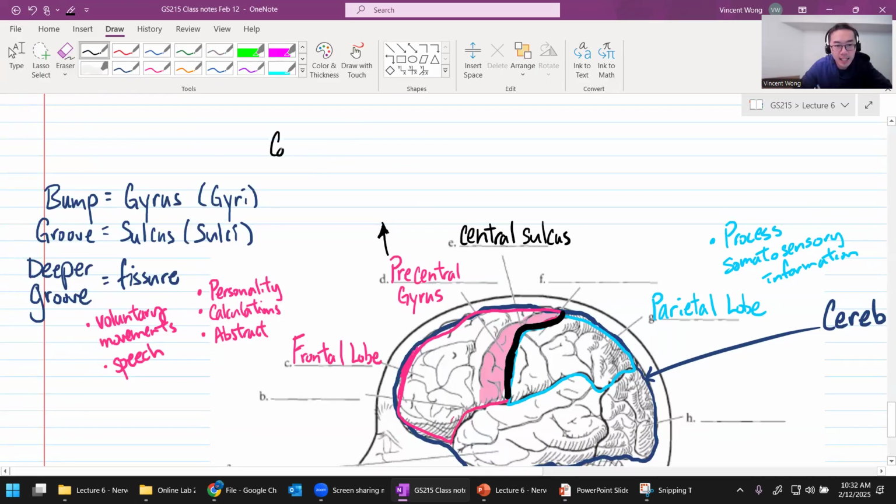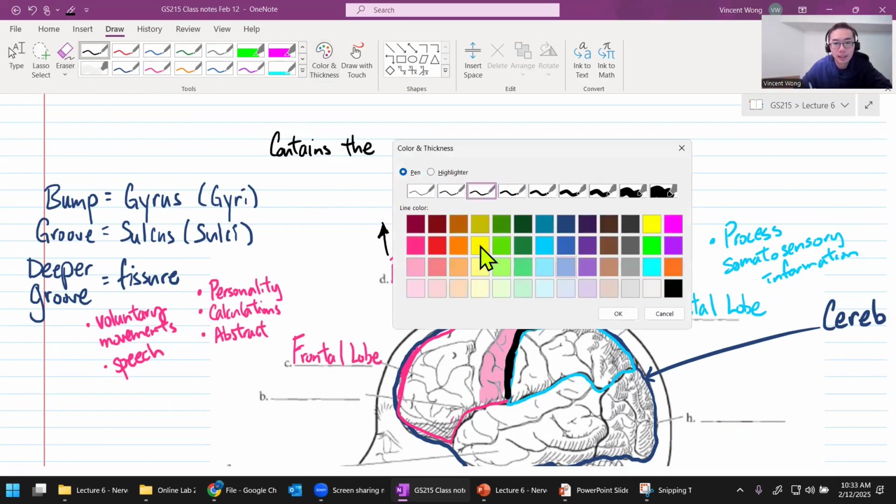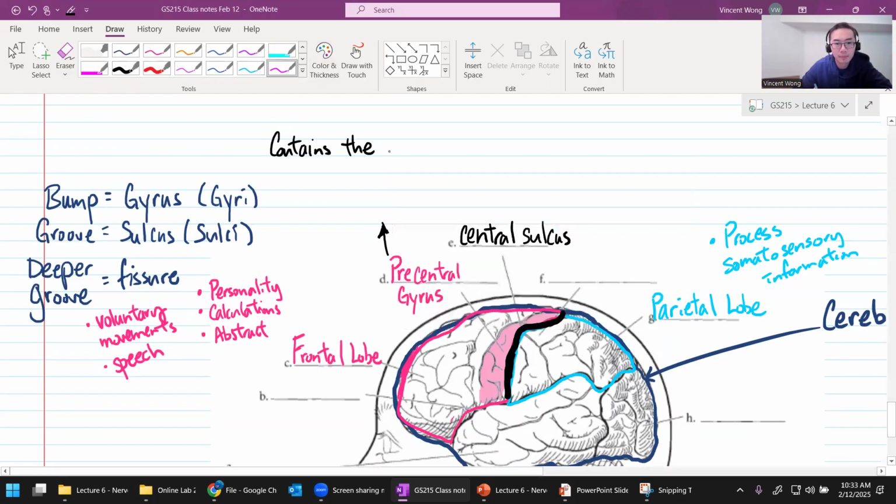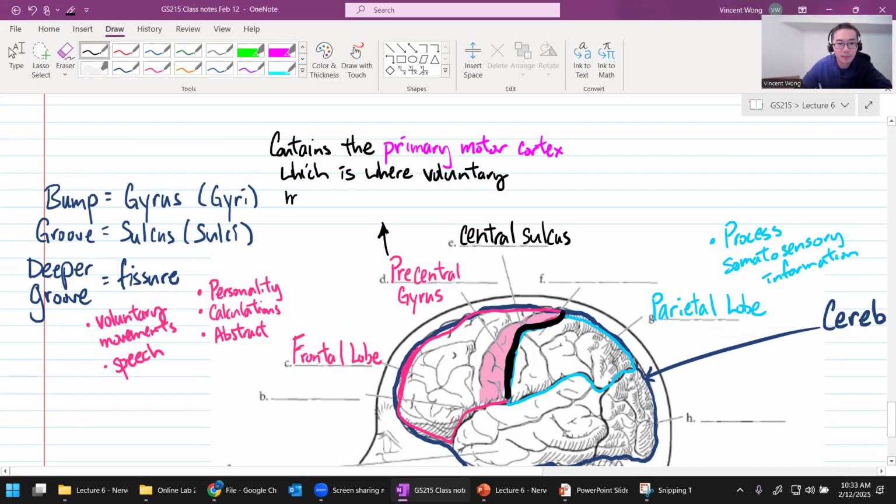So the precentral gyrus contains the primary motor cortex, which is where voluntary movement originates from.